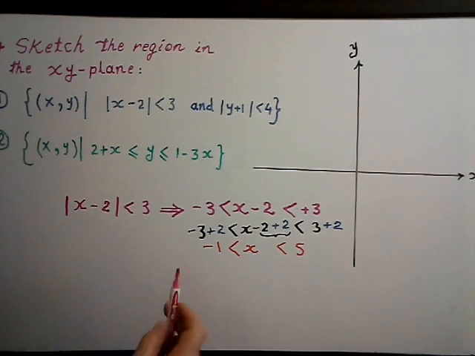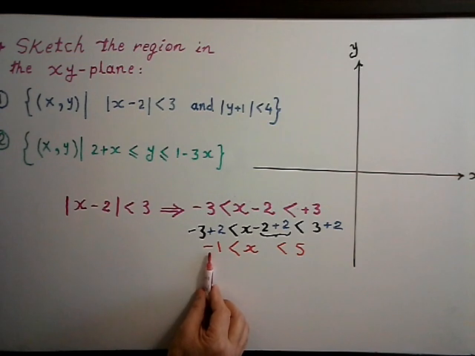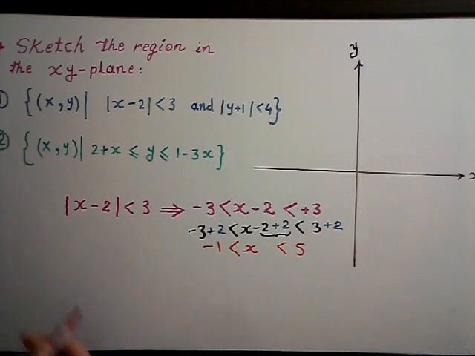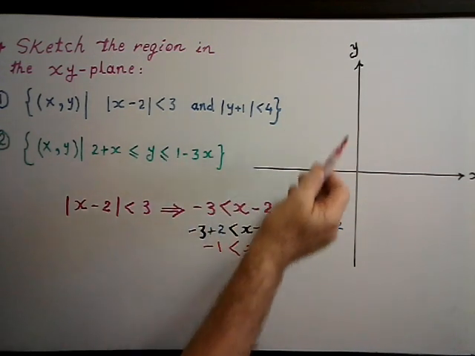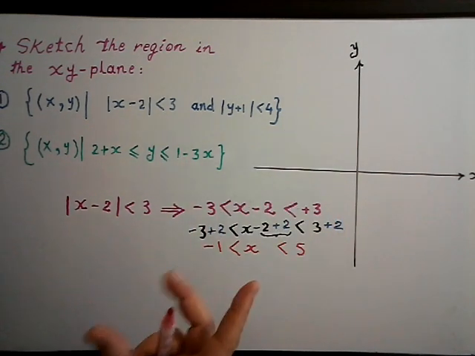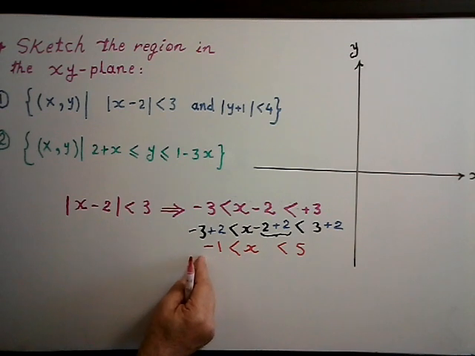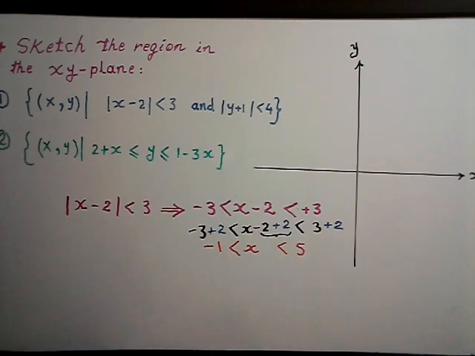So that means x is bounded by the two numbers between negative 1 and 5. What does it mean? It means we can represent that on the xy plane by two lines. Line for x is greater than negative 1, and another line for x is less than 5.